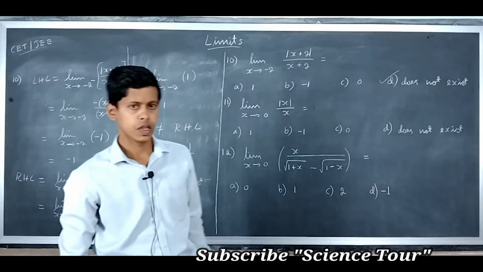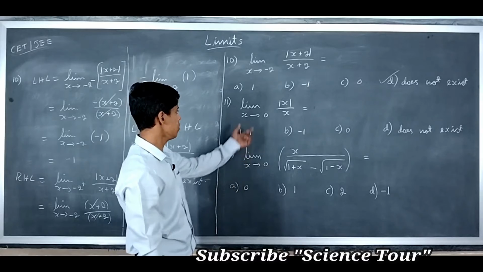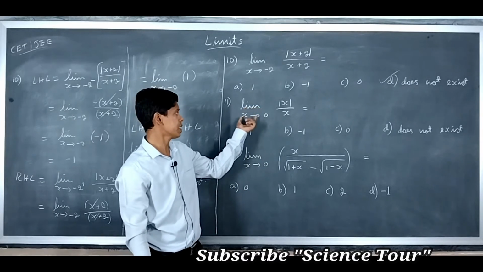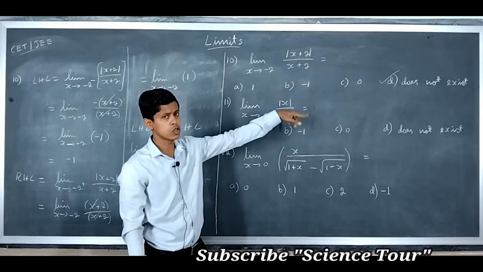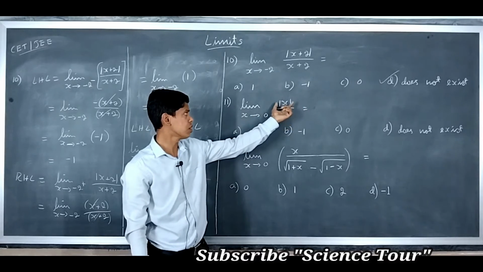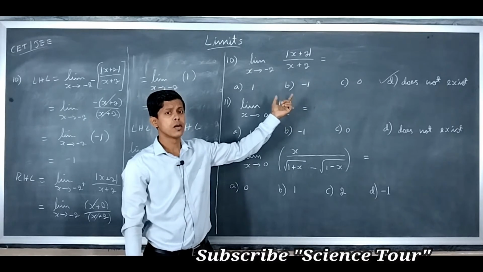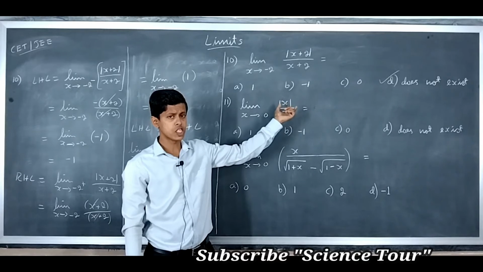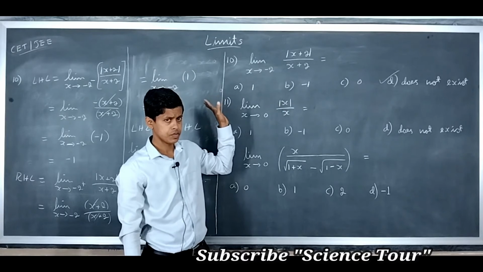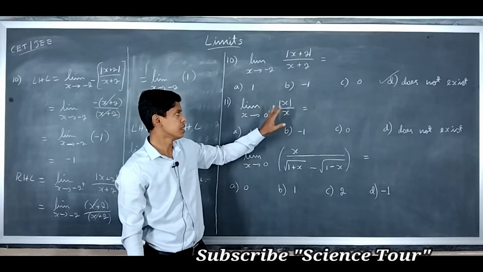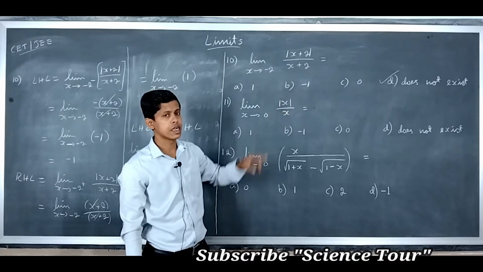Well, alright. So now look at this 11th question, limit x tends to 0 of |x| by x. Put 0 here, you will get 0 by 0. Therefore you must consider the function of modulus, divided into 2 branches, and then we have to find left hand limit and right hand limit.